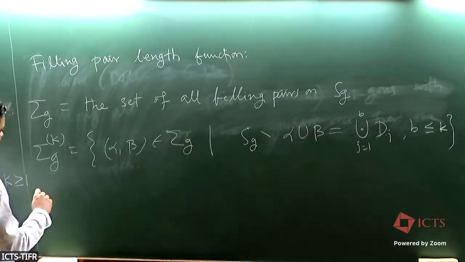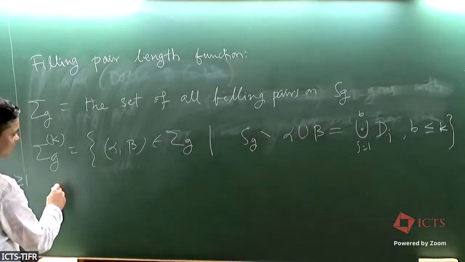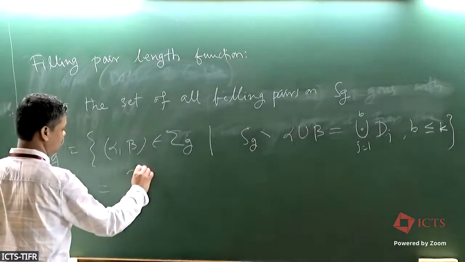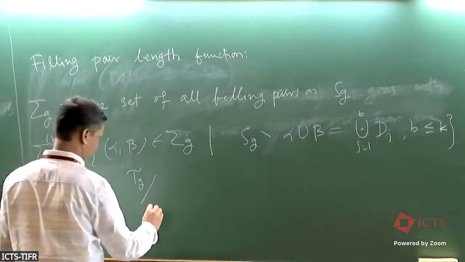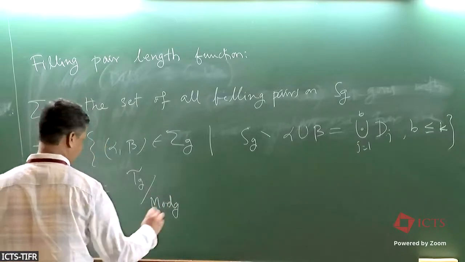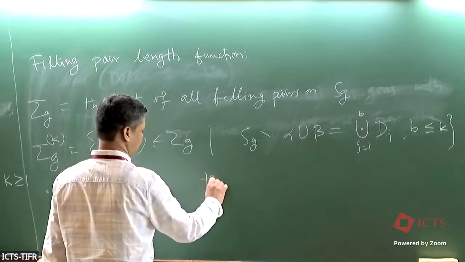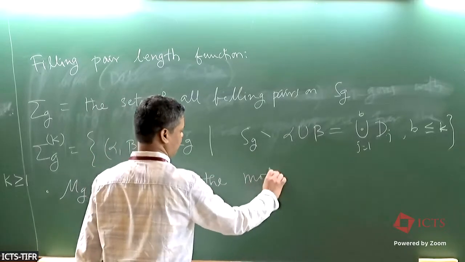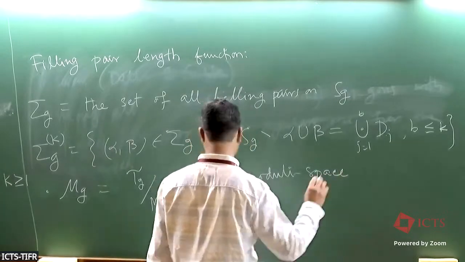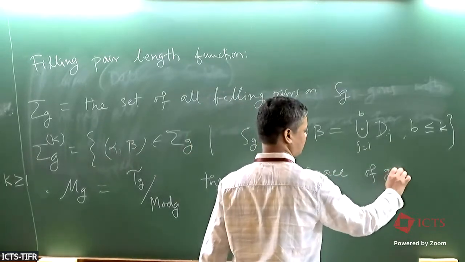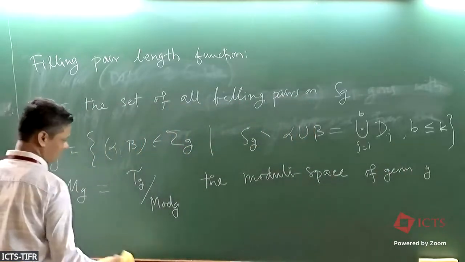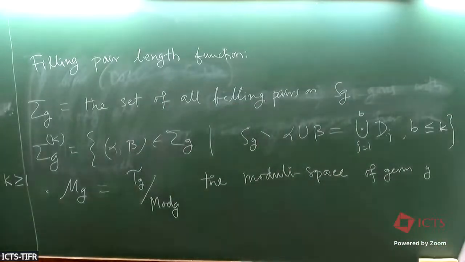This is Sigma_g^k, and now M_g is the Teichmüller space quotient by the mapping class group of genus g, and this is called the moduli space of hyperbolic surfaces of genus g. So this is basically the set of all hyperbolic surfaces of genus g.